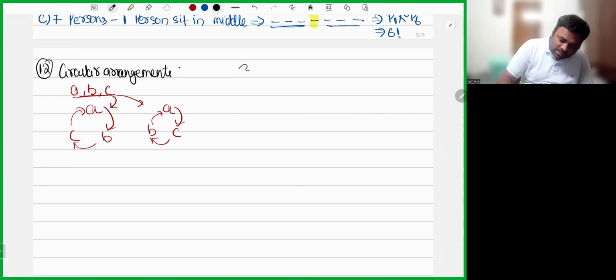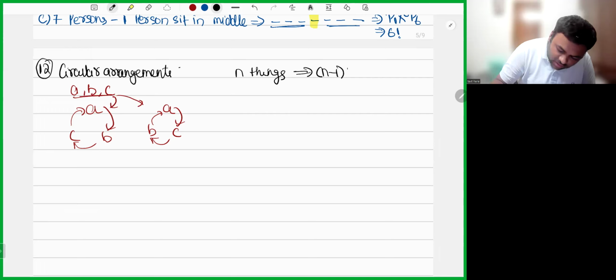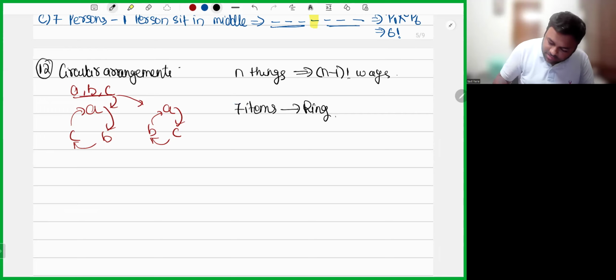So n things, if you want to arrange them in circular order, you will arrange them in n minus 1 factorial ways. Like 7 items are there. You need to form a ring. How will you form a ring with 7 items?